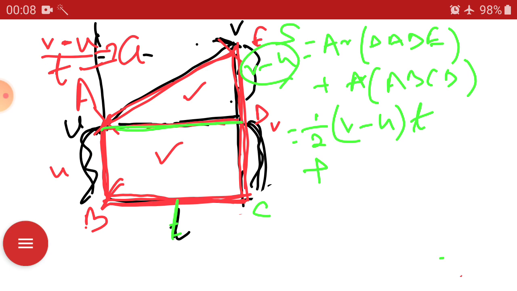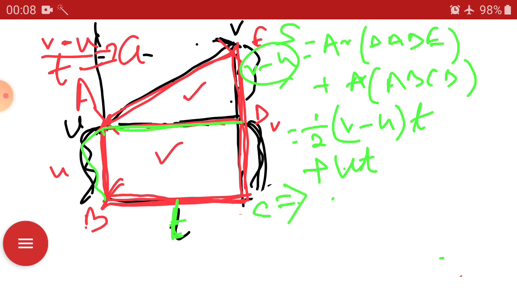Acha, ABCD is a rectangle. Rectangle area is base into height, or you can say length into breadth. So here u is the breadth and length is time. So u into t.